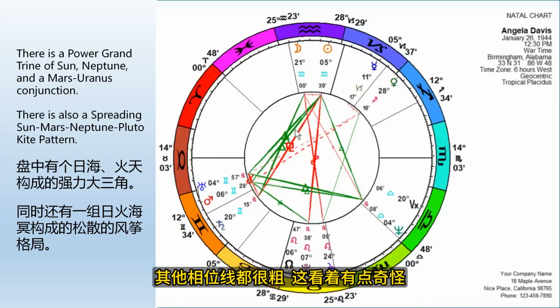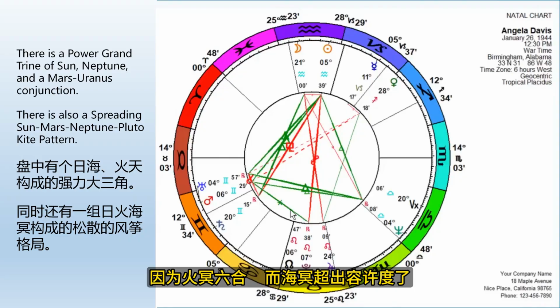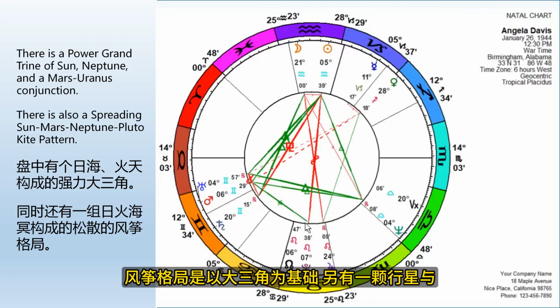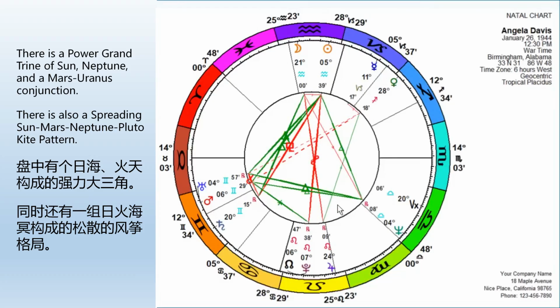The fact that all these other lines are so thick might have obscured the fact that we actually have a spreading kite, because Mars is sextile Pluto and the Pluto sextile Neptune is out of orb. But if it was within orb, you'd have a perfect kite. A kite is a grand trine with one planet opposition one of the points in the grand trine, and it looks like a kite. But it's easy to overlook.